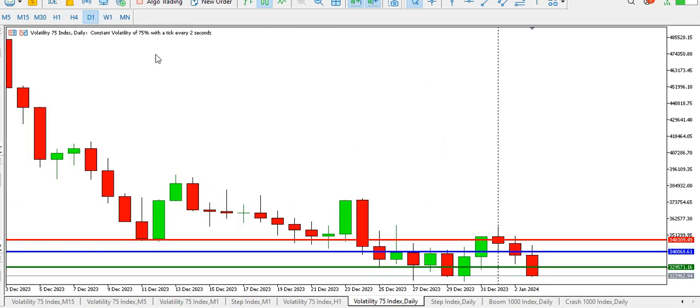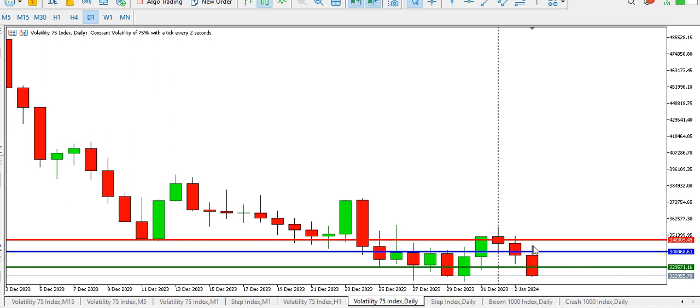On the daily time frame, we can see price at the bottom of the chart, and we might likely see a break of this structure, possibly today or in the next couple of days. And looking at the daily pivot, price opened below the daily pivot line, which is at the 340068 level.